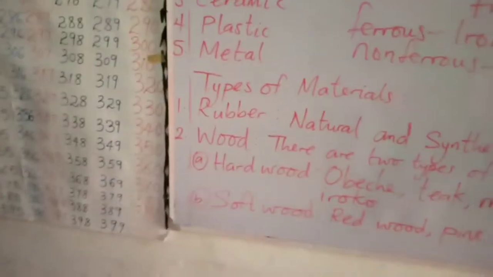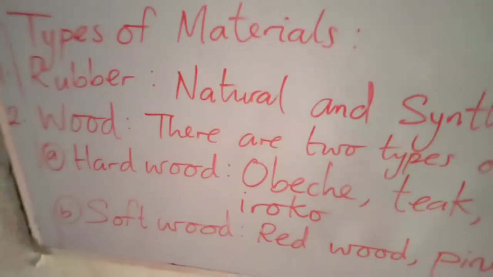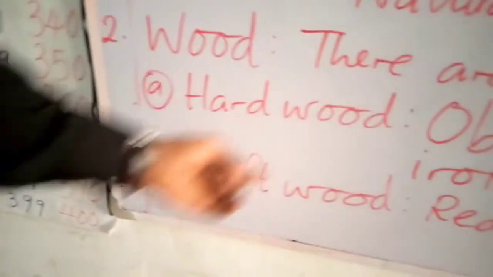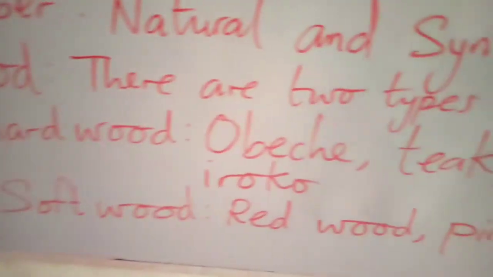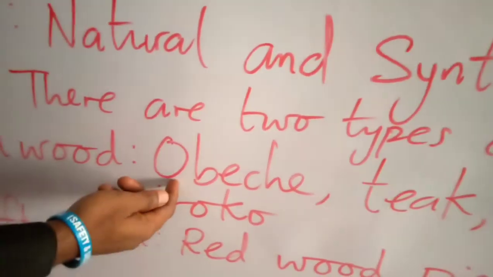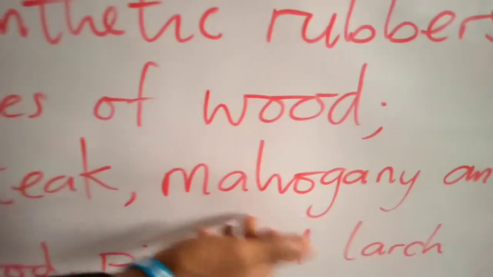Now we go to number two, which is wood. Wood also can be classified into two. We have the hardwood, and we have the softwood. Some examples of hardwoods are obeche, teak, mahogany, and iroko.